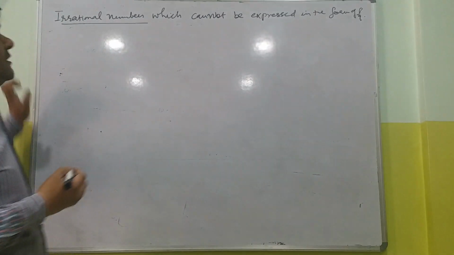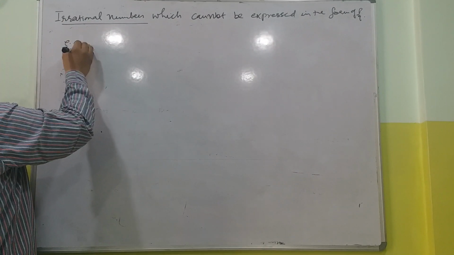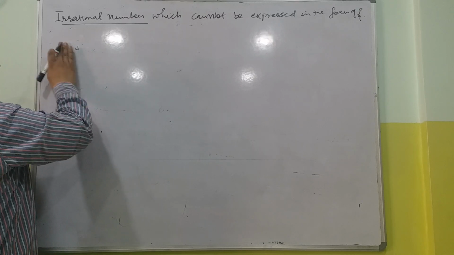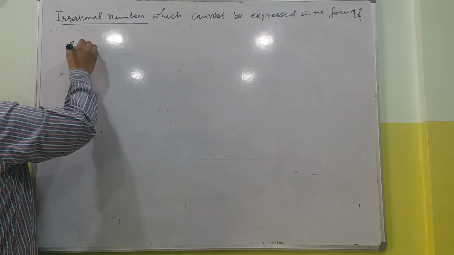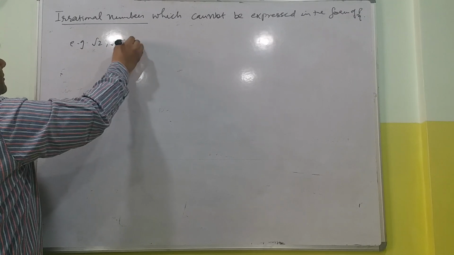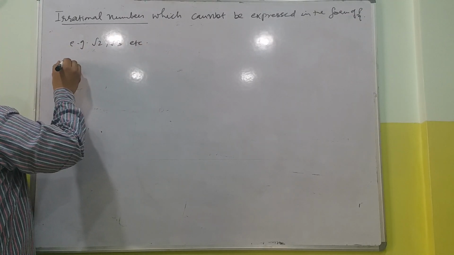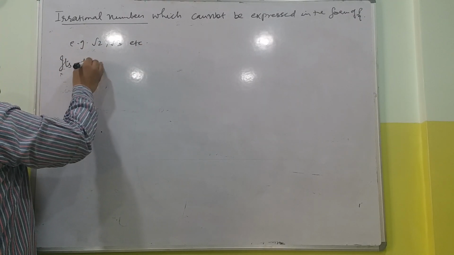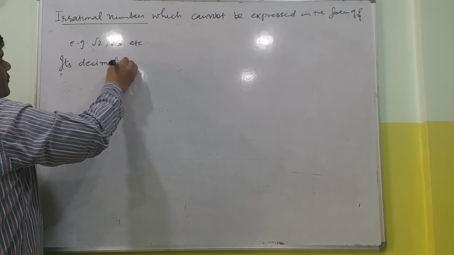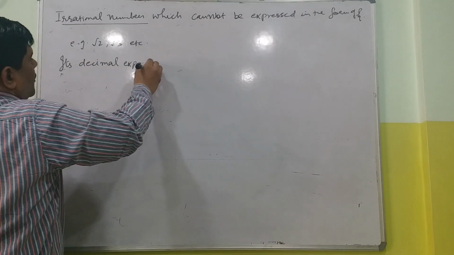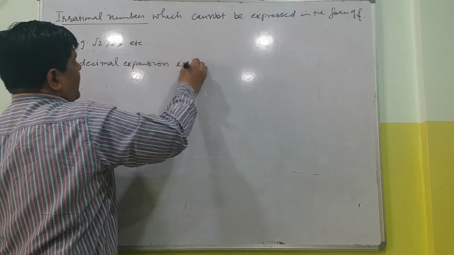So that is an irrational number. For example, under root 2 and under root 3. These are irrational numbers. Their decimal expansion is non-terminating, non-repeating.